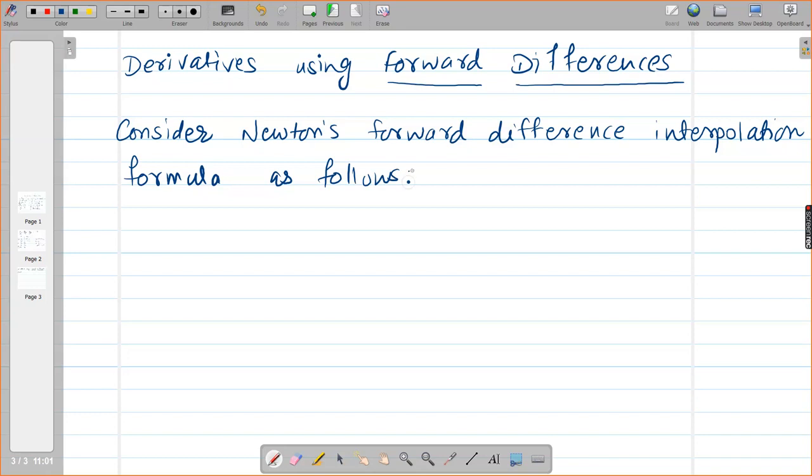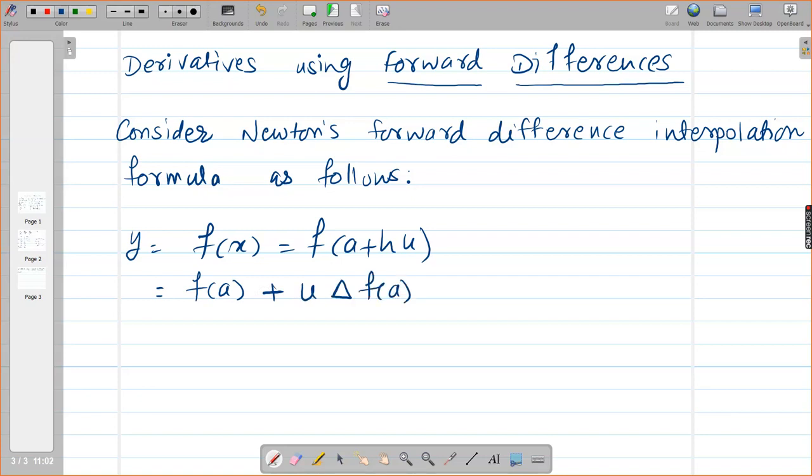Let us write the formula in the way we had written last time. So y is equal to f of x, which is equal to f of a plus hu, is equal to f of a plus u delta f of a. What is the next term?